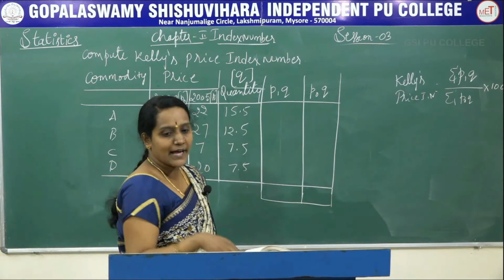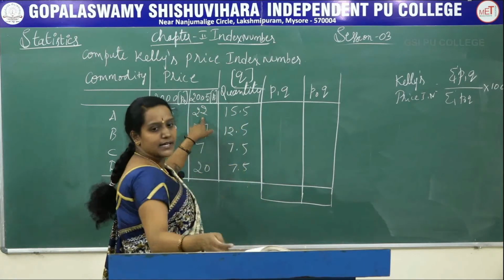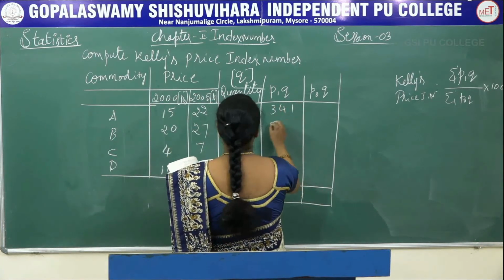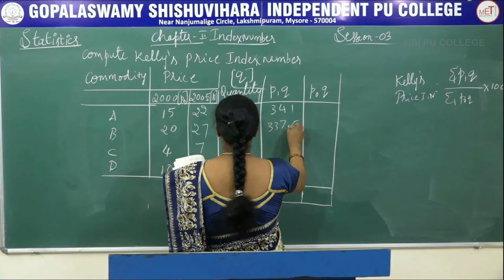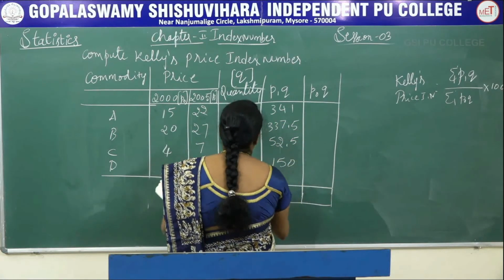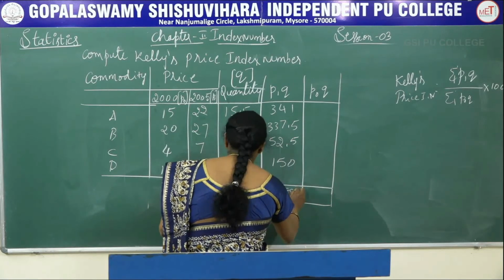P1Q values means P1 into Q. It is 341, 337.5, 52.5, 150, and this summation of P1Q is 881.